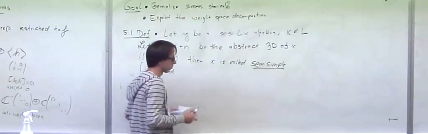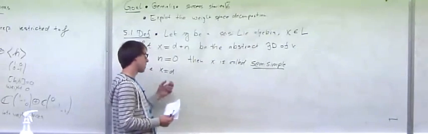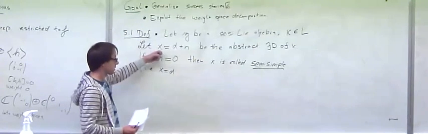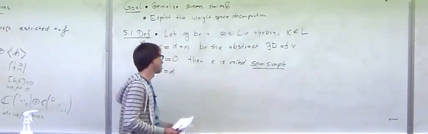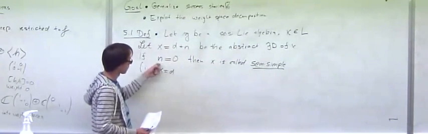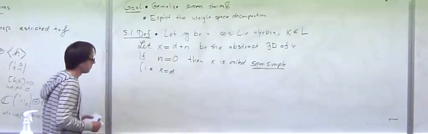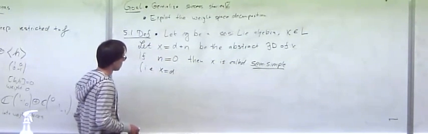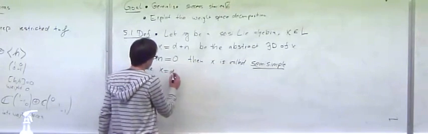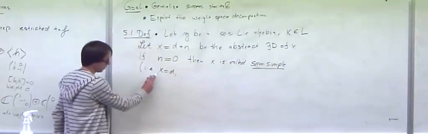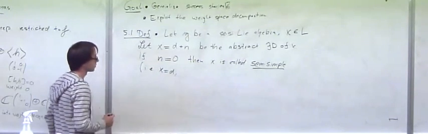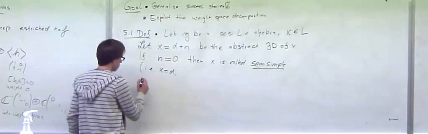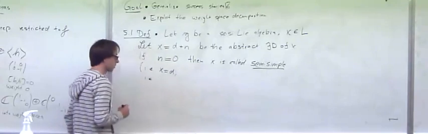We've worked with this notion for Lie algebras for a long time, but now we also have a notion of semi-simplicity for an element, and this means just an element x of a semi-simple Lie algebra is itself called semi-simple if the nilpotent part of the abstract Jordan decomposition vanishes, or equivalently, if x coincides with the diagonalizable part of its abstract Jordan decomposition. Let me just write down the equivalent things.